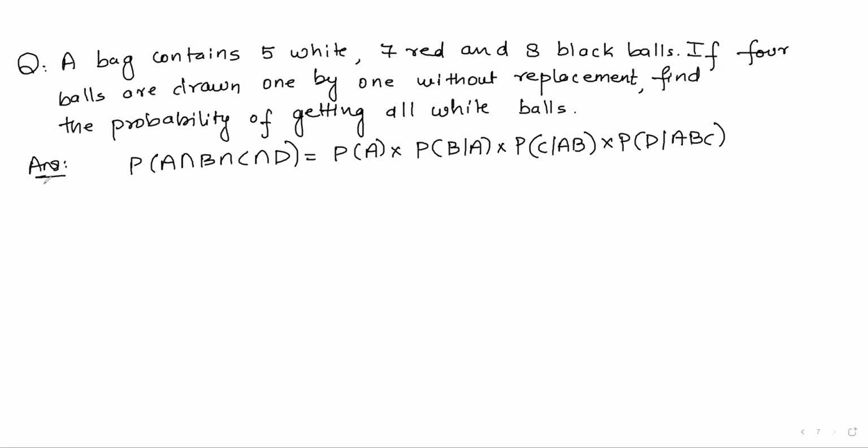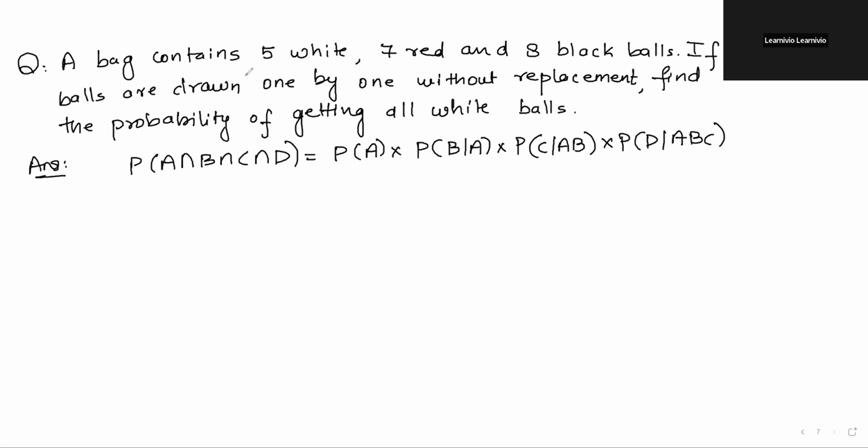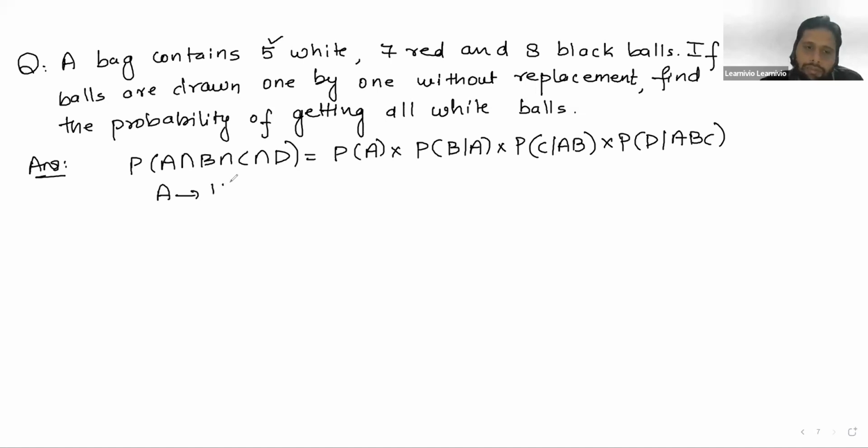It should be 4 by 19, since you're drawing a white ball. All of you, please check here. A bag contains 5 white, 7 red, 8 black. If 4 balls are drawn one by one without replacement, find the probability of getting all white balls. Let A be the event first white, B the event second white, C the event third white, and D the event fourth white.